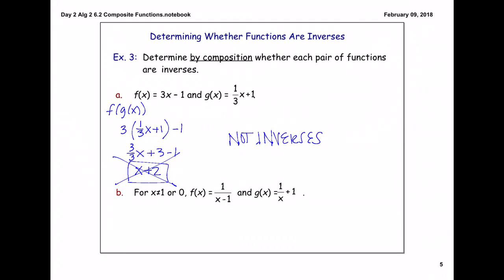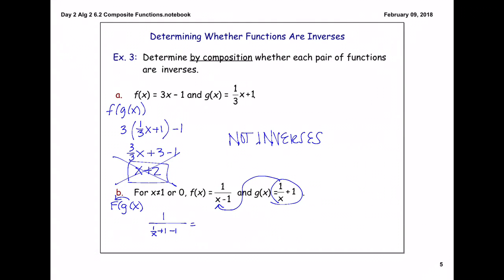So B, where x is not equal to 1 or 0: f of x equals 1 over x minus 1, and g of x equals 1 over x plus 1. Are they inverses of one another? If we do f of g of x and plug our g of x into our f of x, we have 1 over x plus 1 minus 1.